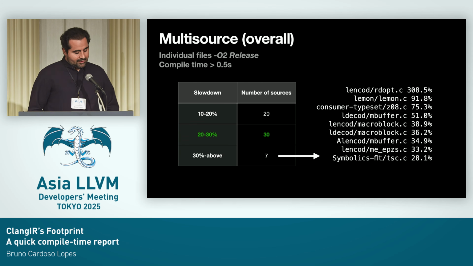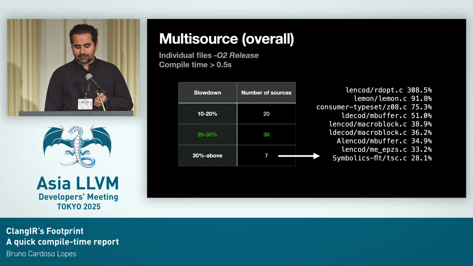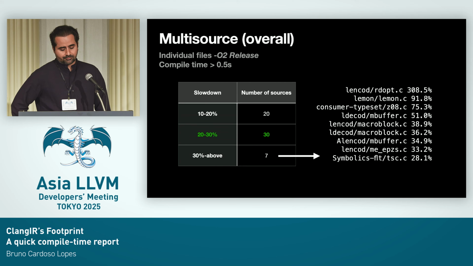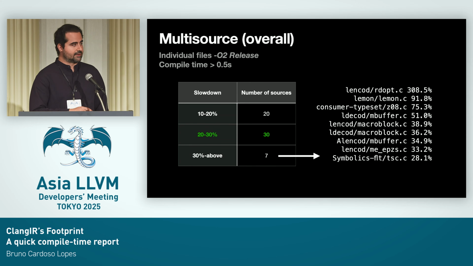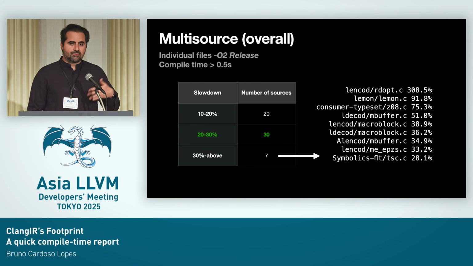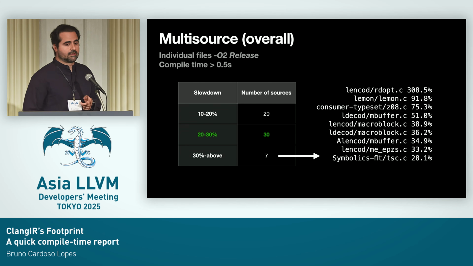And now, if we take a holistic view of all multi-source files, we have about 57 of them, at least that we can build in this mode for O2. And I actually filtered only the things that take more than half a second to build, because otherwise it's just too much noise. And basically, if we look at up to 20% slowdown, we cover about 20% of those tests.